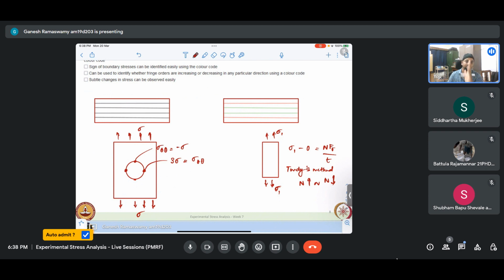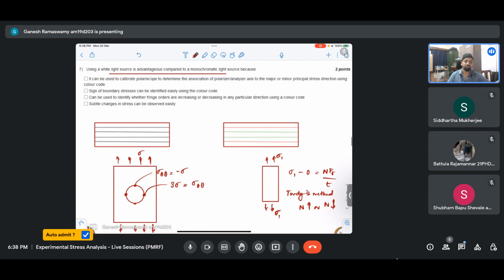That is, our polarizer is aligned with the major principal stress direction, and when the analyzer is crossed, we will see a fringe there, with no light exiting. So this is the basic principle with which we calibrate the polariscope to arrive at whether this pertains to the major or minor principal stress. So yes, this can be done.